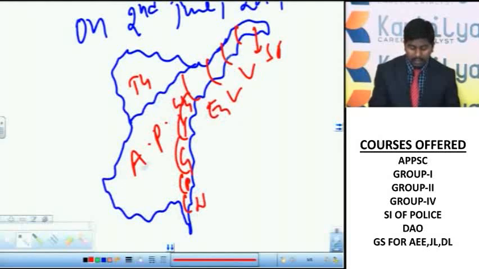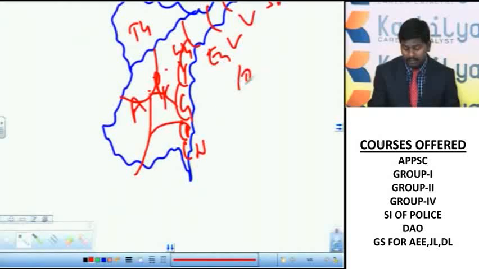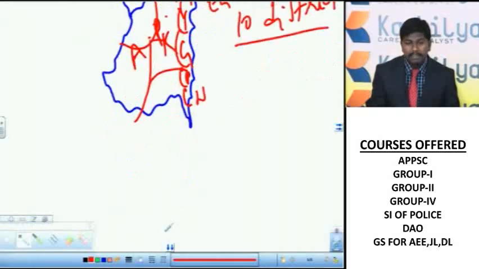And the remaining regions like Kurnool, Anantapur, Chittoor and Kadapa. So the present Andhra Pradesh consists of 13 districts, of which 9 districts are coastal districts.